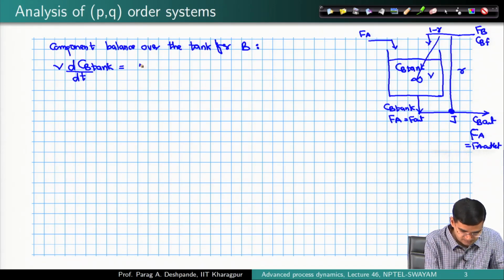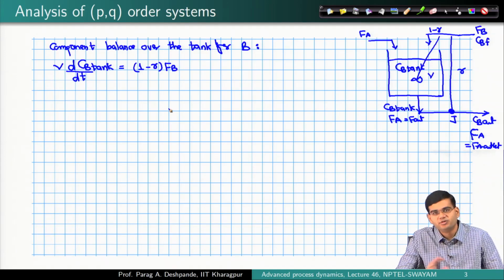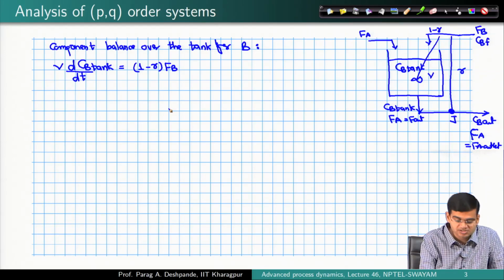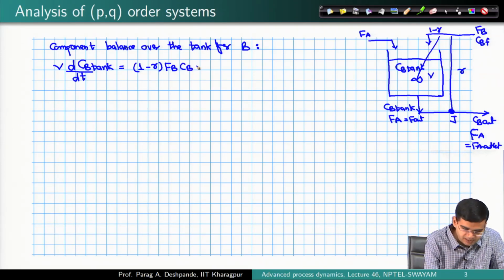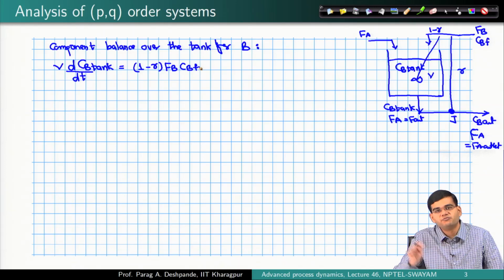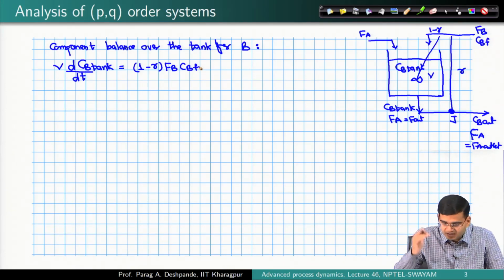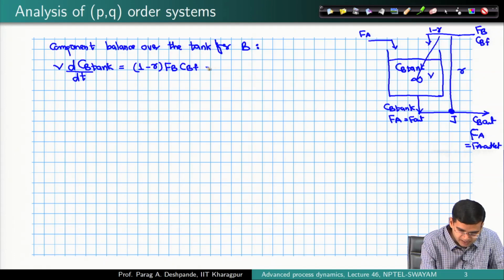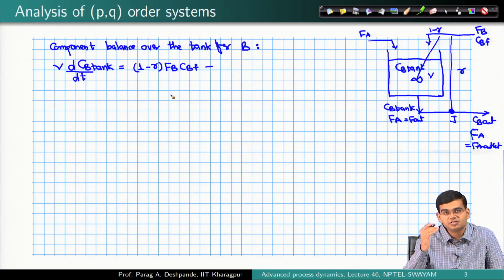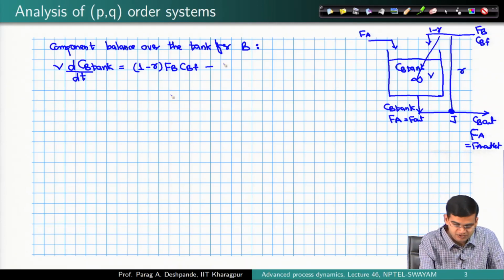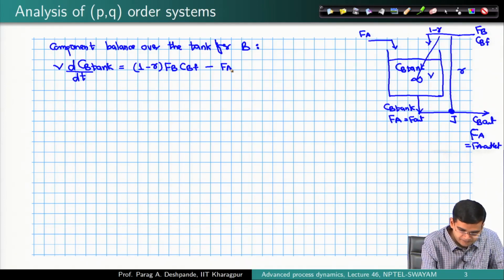So, therefore, I can write this as 1 minus R F B. This would be the volumetric flow rate multiplied by the concentration, so C B F. This is the amount of B which is coming in the tank, and what is leaving out of the tank would be minus of the concentration of B at the outlet of the tank, which is simply C B tank, and the flow rate is F A. So, this would be F A multiplied by C B tank.